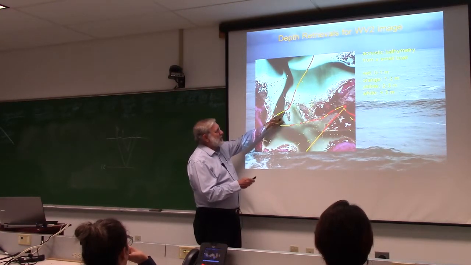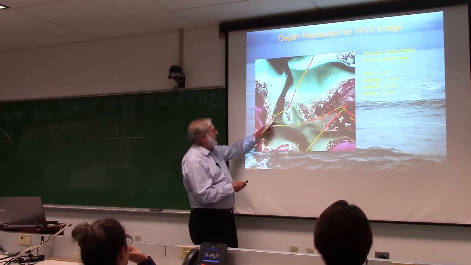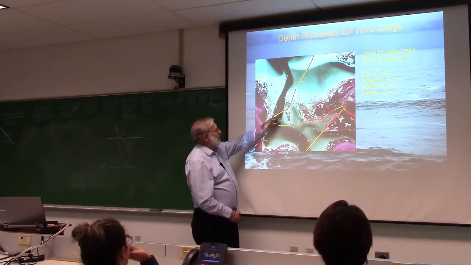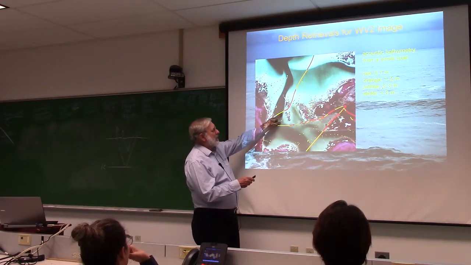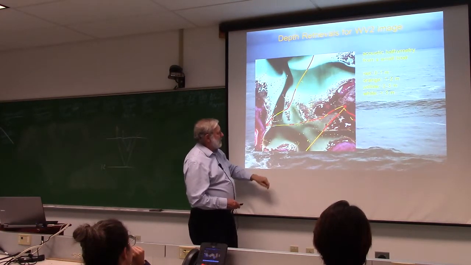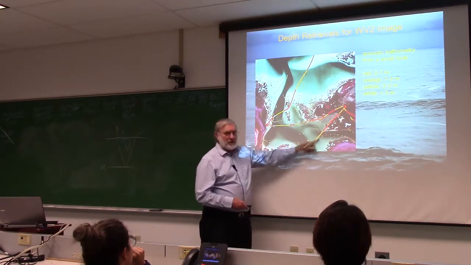If it's this orange color, it's 1 to 2, yellow is 2 to 3, and white was greater than 3 meters deep. So you can kind of see right here, crossing this channel is somewhere around 2 or maybe a little bit more than 3 meters deep. There's more than 3. And here, this area right across here is kind of 1 to 2 meters.